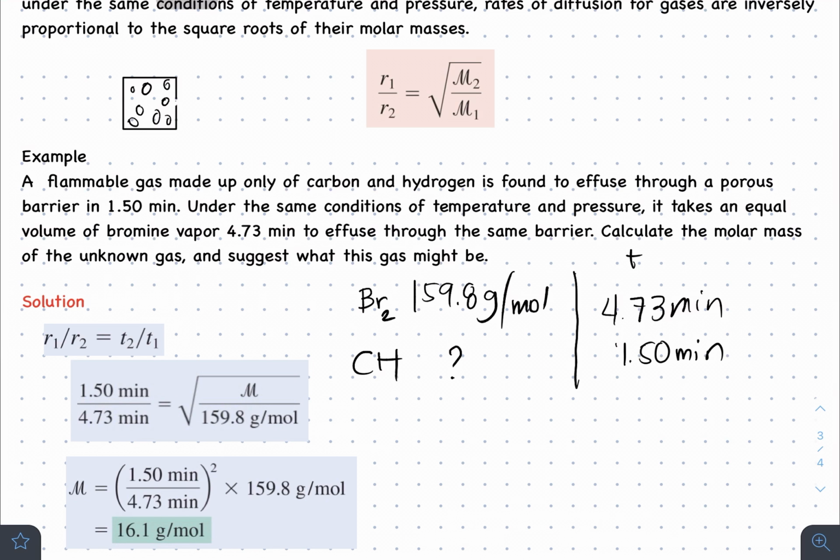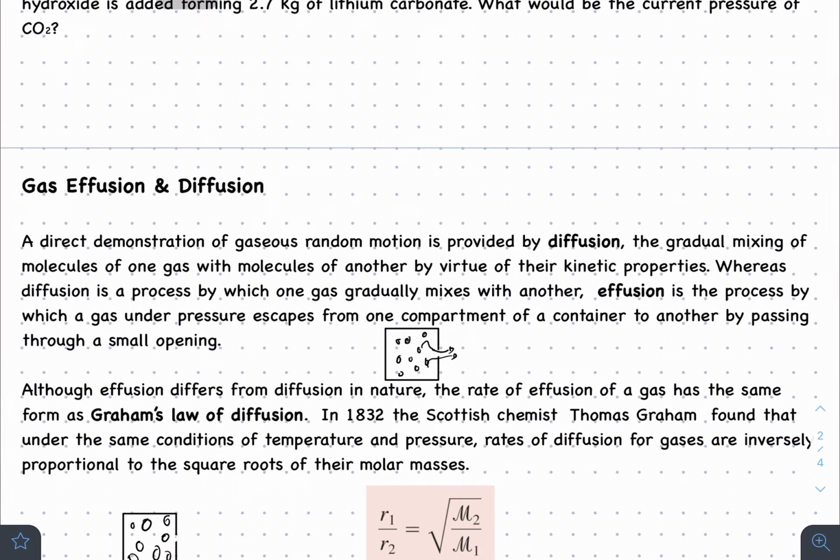Based on this given, it is apparent that bromine gas has a lower rate of effusion, because it took the bromine gas a longer period of time to escape the compartment, meaning it has a lower rate. So maybe I should write R1, R2.